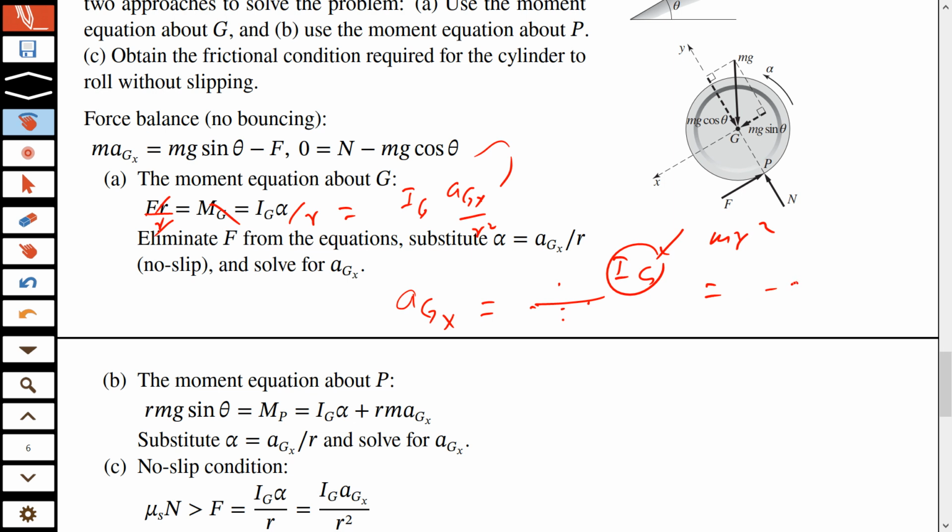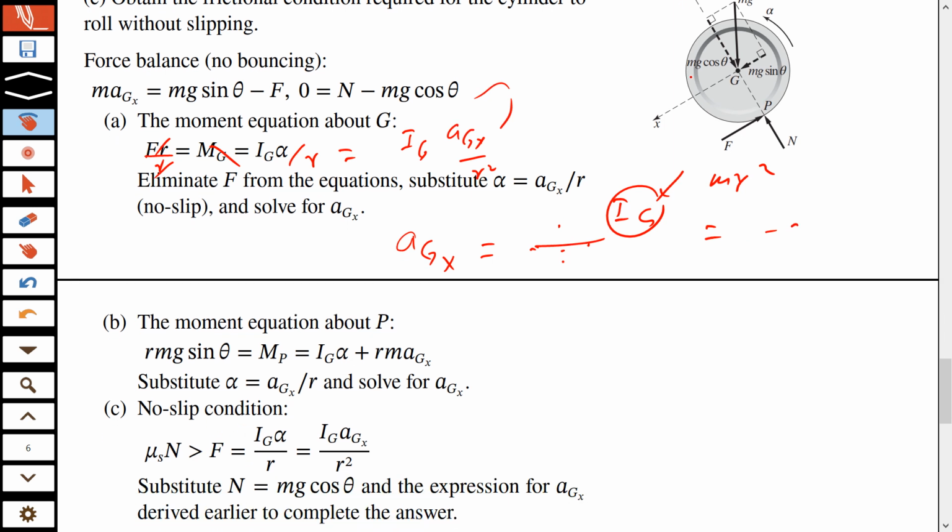Okay, part B में वही है कि instead of writing the moment equation about G, you are to write it about P, and then of course you will solve this. You see, maybe we can try this.